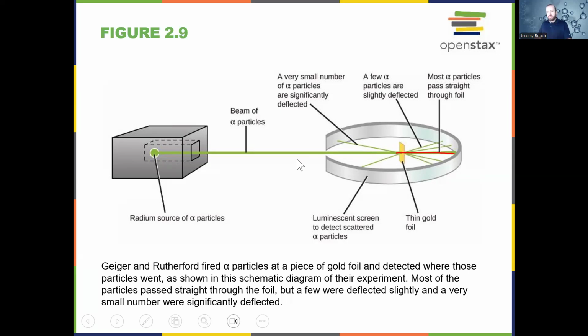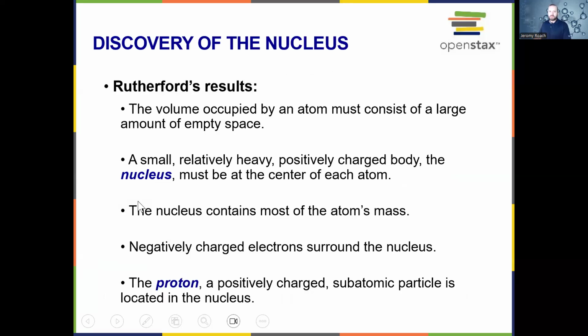But it did something a little bit interesting. Some of them went straight through the foil, but some of them were dispersed or deflected in different angular directions. Some of them were almost directed all the way back to the source, so they would bounce back in this direction here. So it was interesting to see how there were some major differences in the direction of these particles.